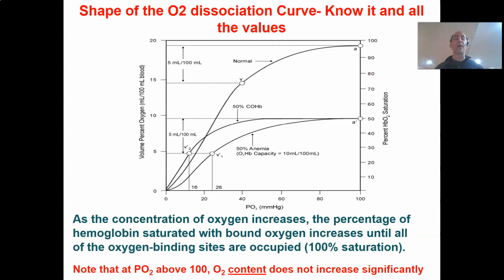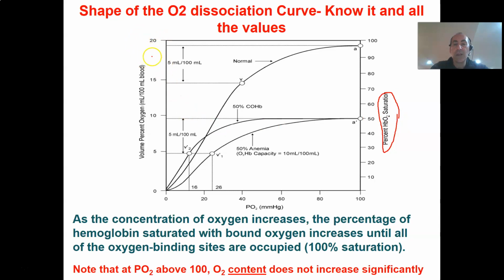It describes a lot of what happens in the human body when it comes to saturation. You have 2 y-axes. You have a volume percent of oxygen in mils per 100 mils of blood on the left, and another y-axis on the right as the percent hemoglobin saturation. Normally in healthcare, you're talking about this one.